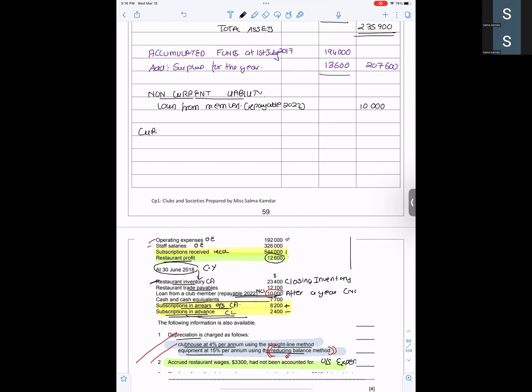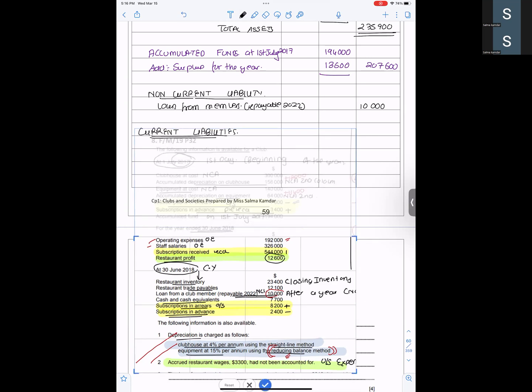Then you have your current liabilities: trade payables, other payables, pre-received income. So let's see, I have restaurant, this all will not be a part of it.